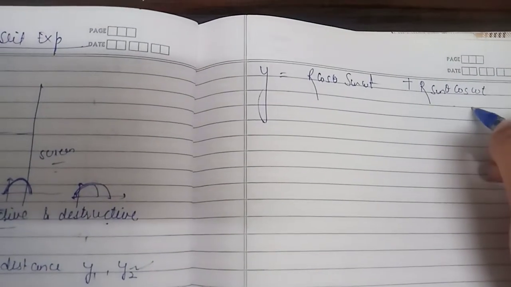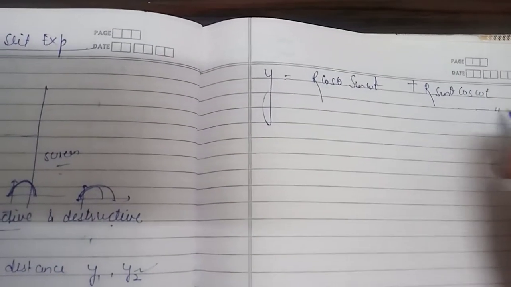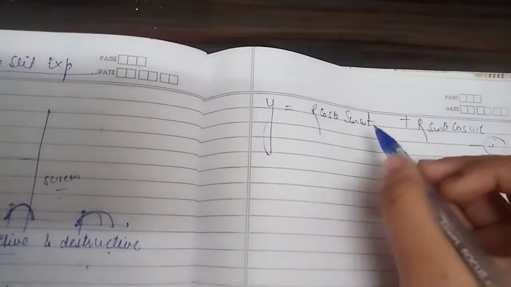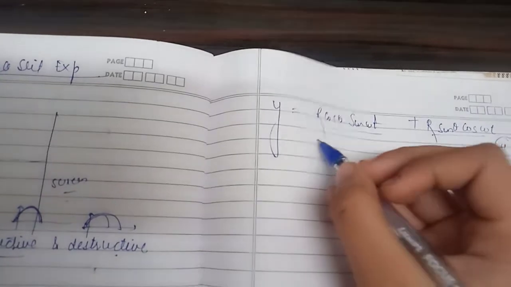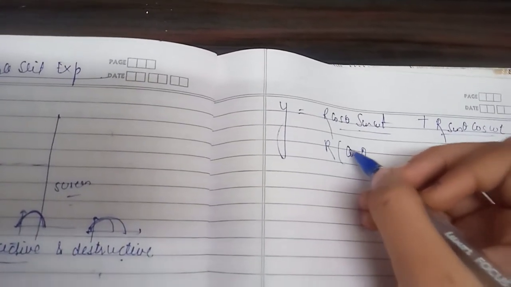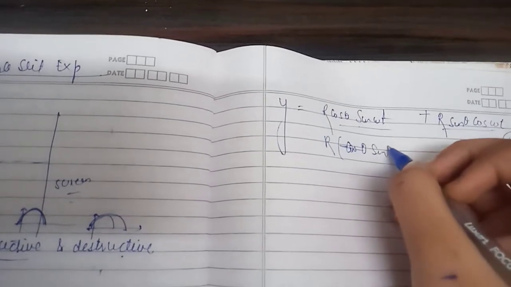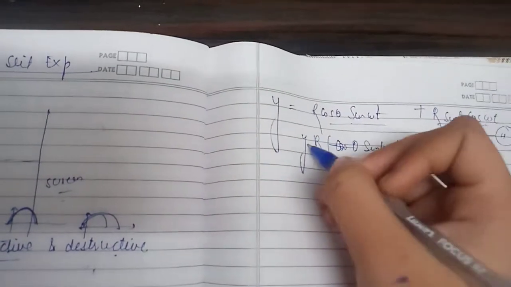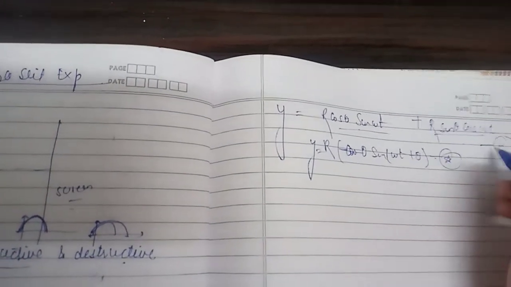This is equation number 4. Again, using the identity of sin(a plus b), y equals r sin(omega t plus theta). Make it equation number 2.